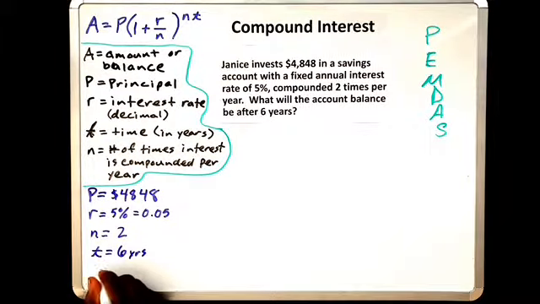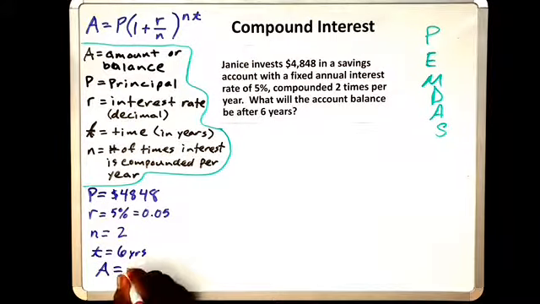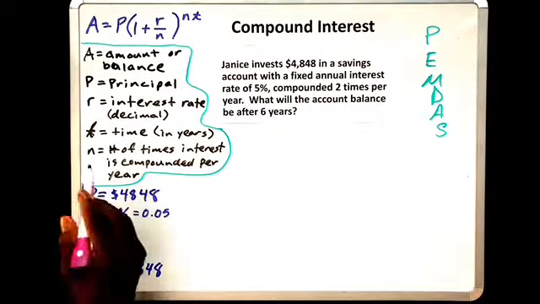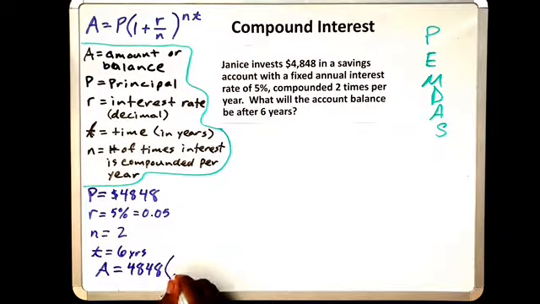So we have A equals principal, right, which is 4,848, and that is multiplied times 1 plus, then we have the interest rate in the numerator, 0.05.